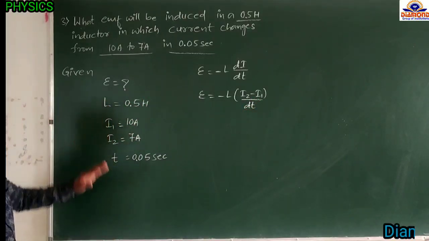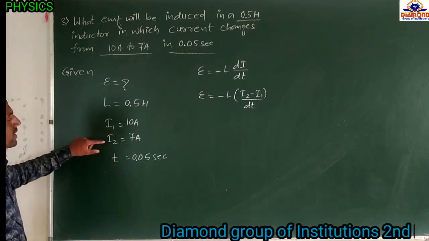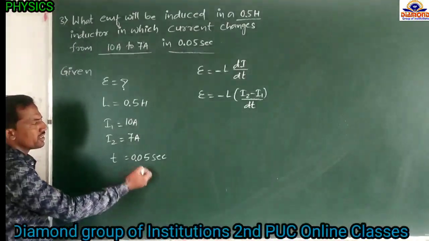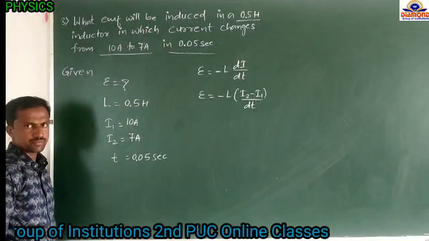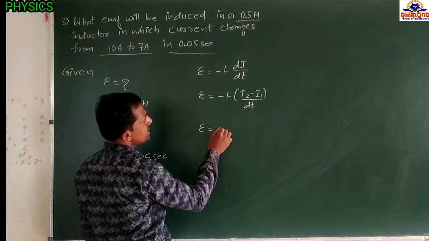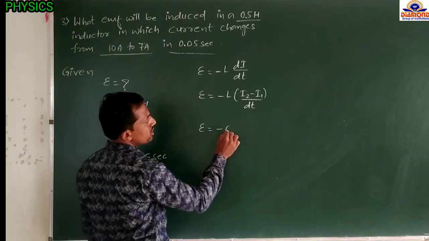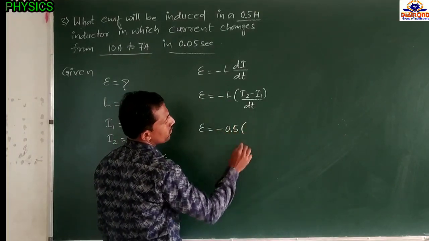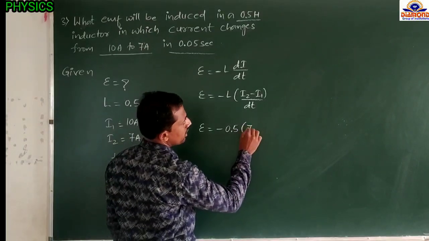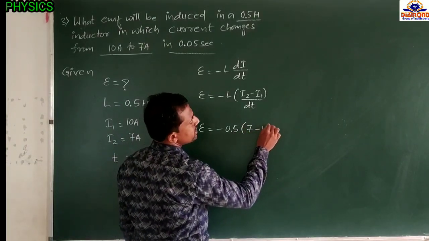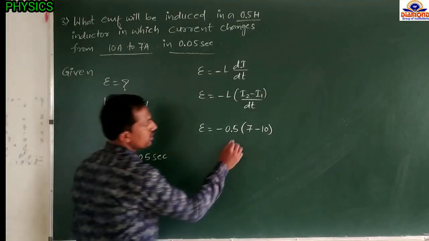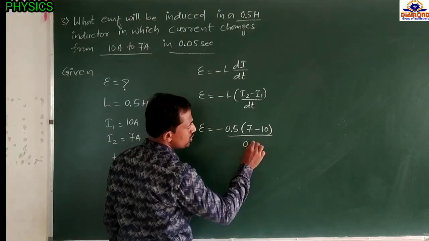Because di equals I2 minus I1, दोनों को माइनस करके हम डायरेक्टली लिख सकते हैं. Then E equals minus, as it is, L value is 0.5, I2 value is 7, I1 value is 10, dt time value is 0.05.